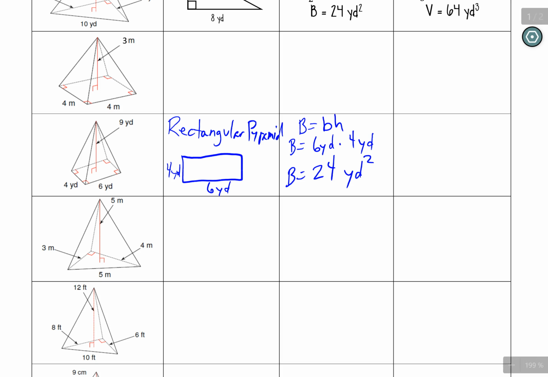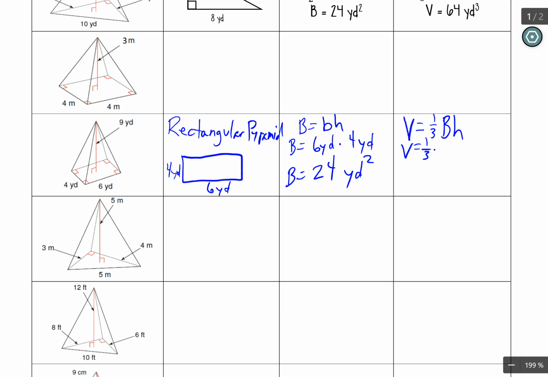Lastly, I need to find the volume. As we've learned, our volume formula for any pyramid is volume equals 1/3 area of the base times the height of the pyramid. So I've written my formula. Now I can substitute what I know. Volume equals 1/3.